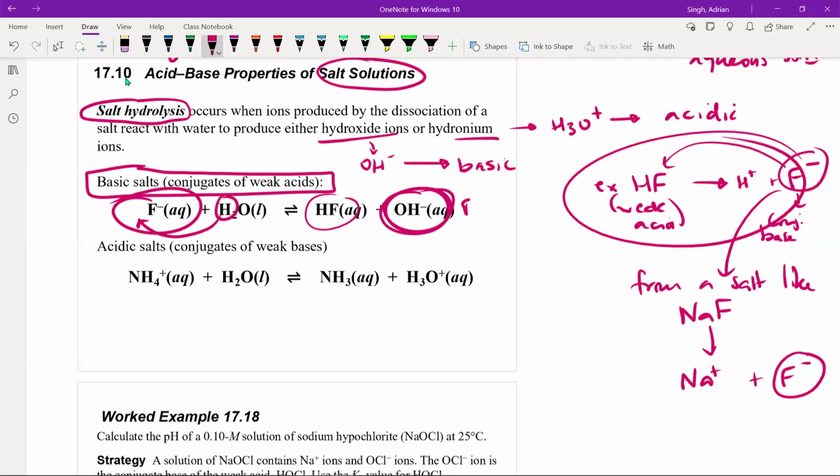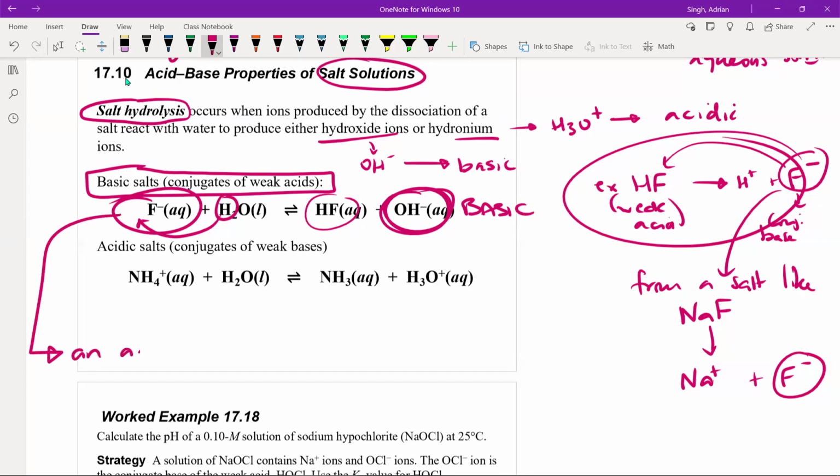As a result, this is going to be a basic salt and a basic solution. So generally, an anion that is the conjugate base of a weak acid is going to react with water to produce hydroxide. We can generalize that.